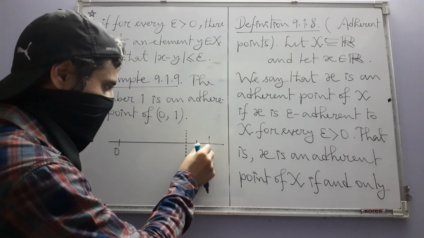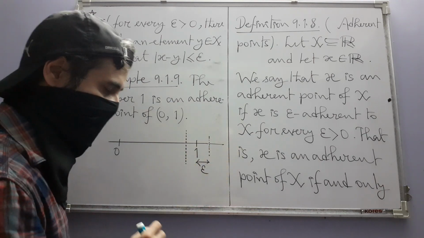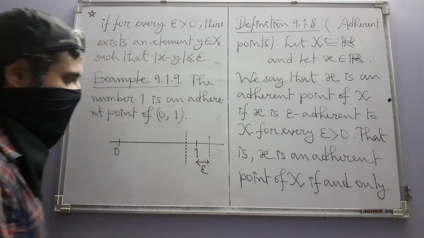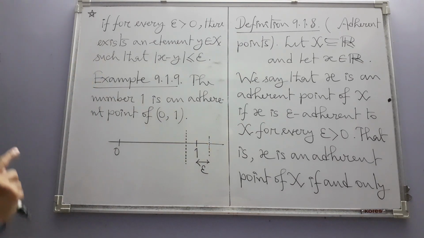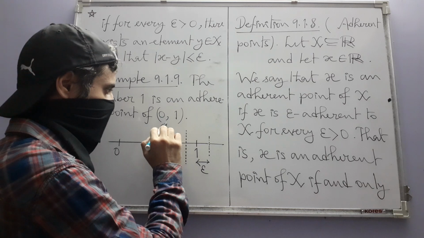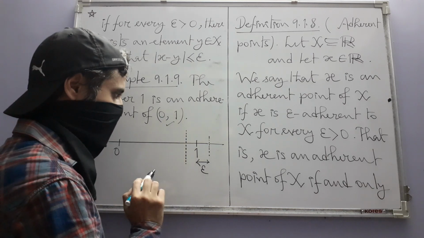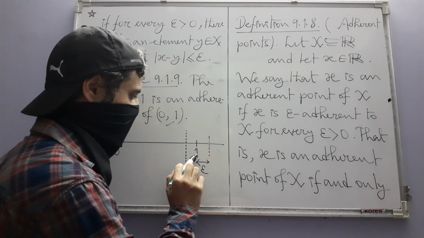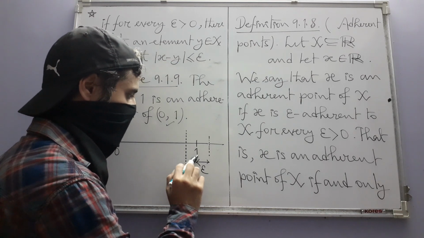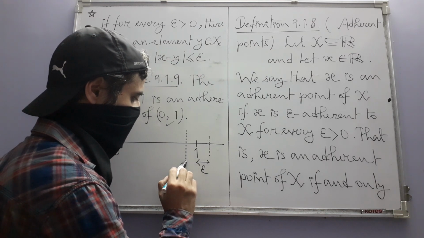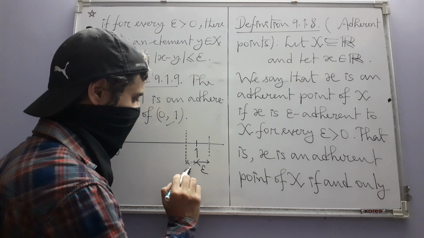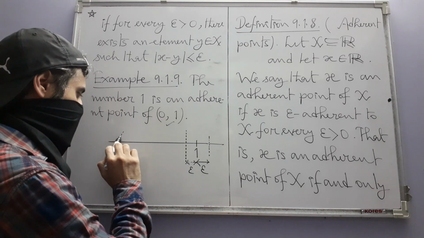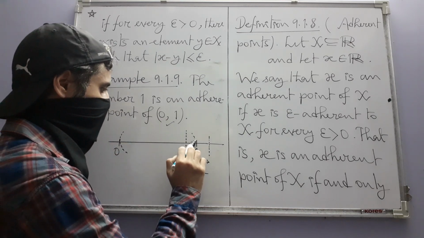This much distance is epsilon, these distances are larger than epsilon, and the ones smaller than epsilon are like this. And what you want is an element of this set, this interval, that is so close to 1 that the distance between that element and 1 is less than epsilon. This much is also epsilon, right? So your set is this.